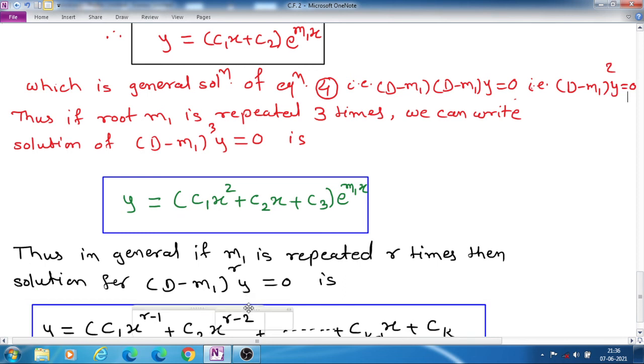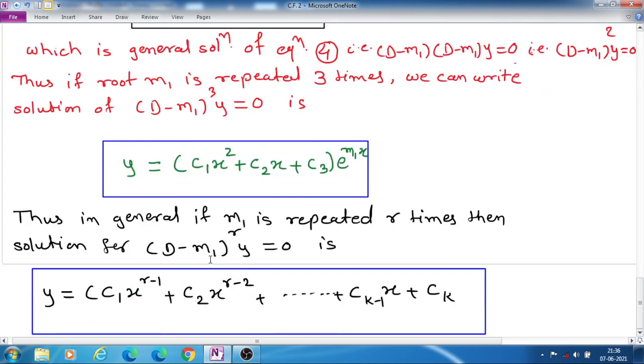So generally, if root m1 is repeated r times, that means if we have the factor d minus m1 bracket raised to r, then the solution for d minus m1 bracket raised to r y is equal to 0, that is the complementary function, is: we have to write a polynomial, and the degree of that polynomial is r minus 1.